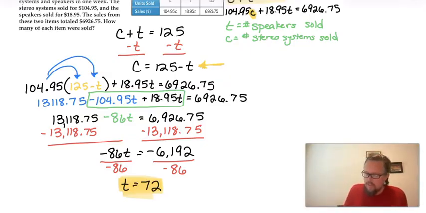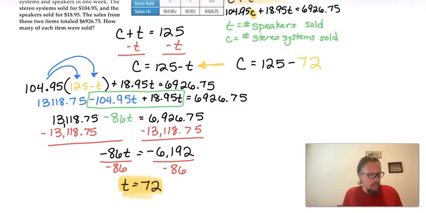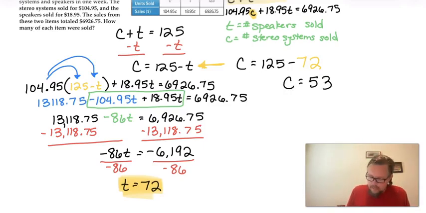So all we have to do is 125 minus 72. Might as well use the calculator here just to be sure, even though that's a pretty simple subtraction problem. Don't want to make a mistake on the last step because I was too proud to use a calculator.